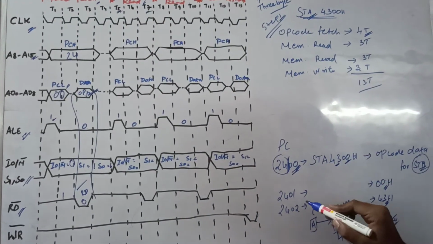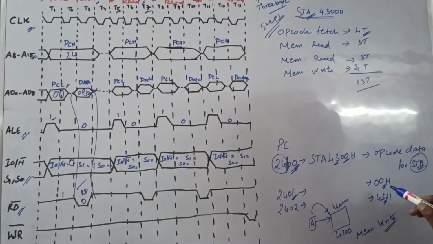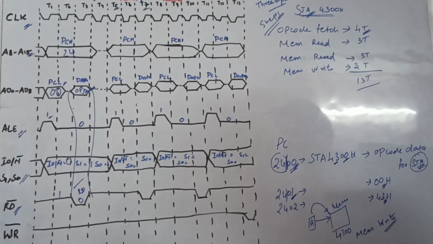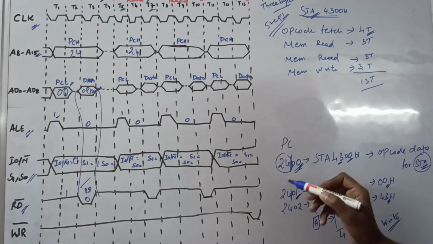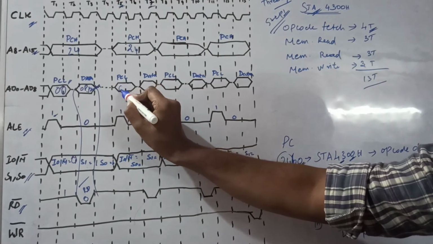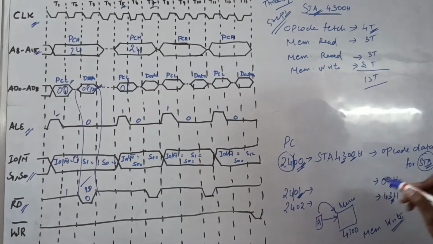So the next cycle, here 2401. In this memory location you can get the lower order address location. First you fetch the higher order value, so PCH value is 24. Then you can read the lower order address value, which is 01. Then the data is 00.